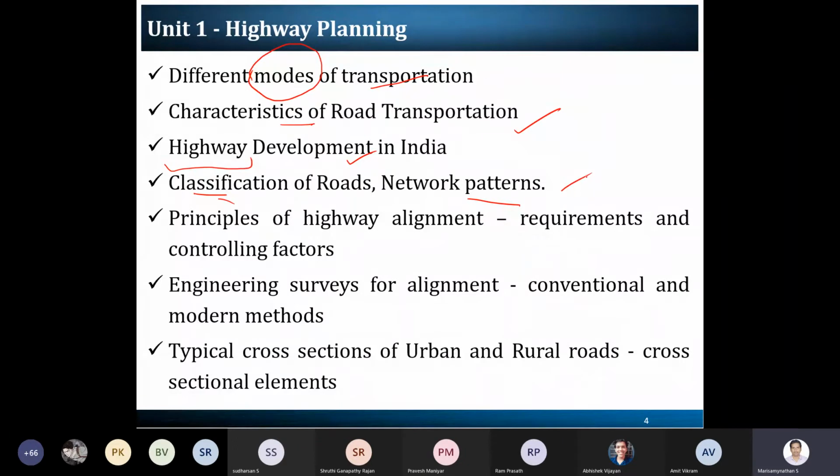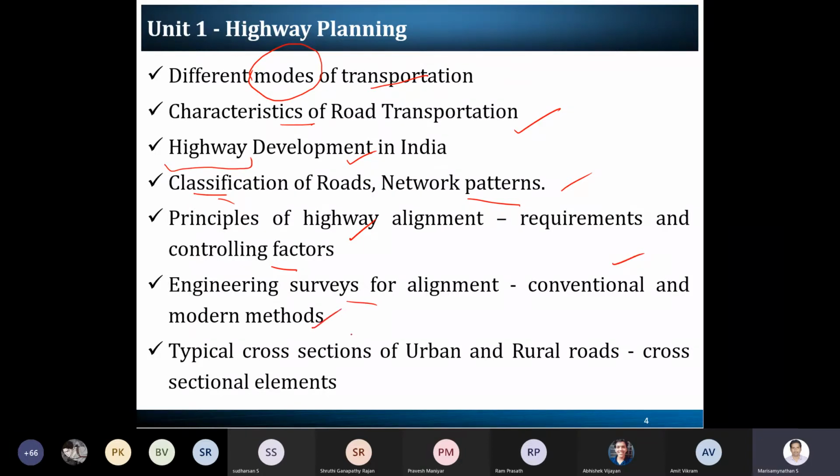The fifth one will be the initial principles of highway alignment, and what factors control the alignment. Those principal concepts we are going to see, but the detailed problems and design, everything we are going to cover in the second unit. Then the engineering surveys: different kinds of surveys, with conventional and modern methods.